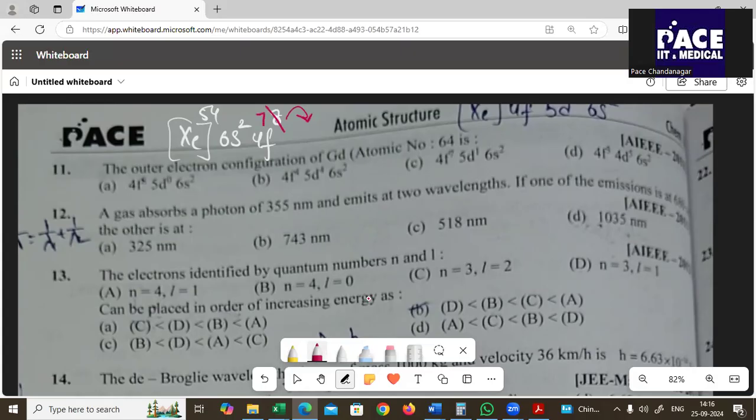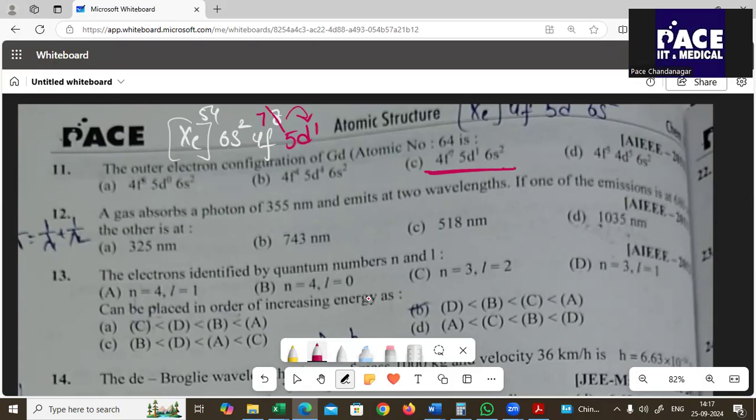It is 4f7, then 5d1, and 6s2. This would be for Gd, gadolinium.